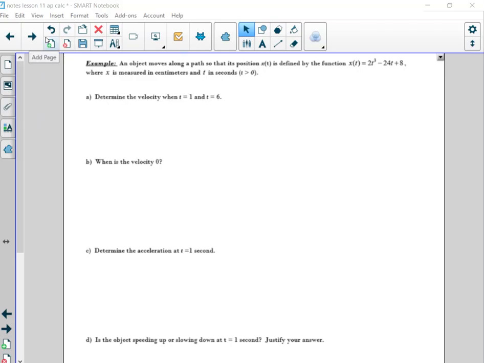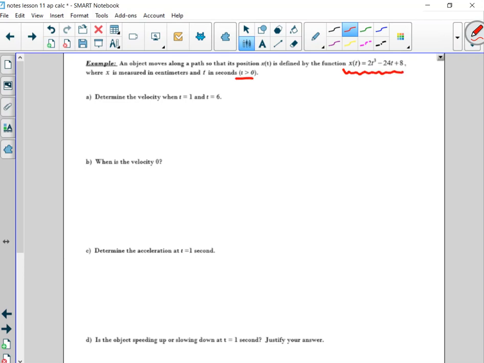So we have information given about a particle moving along a path such that its position on the path is given by that function for t is greater than 0. So the velocity of the particle, well, the derivative of position is the velocity.